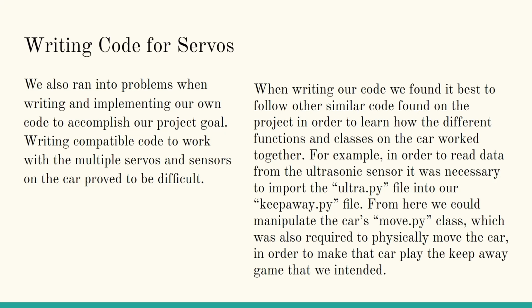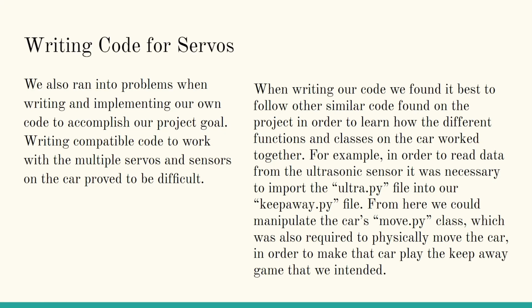Another problem that we ran into was writing the code to make the different servos or motors work. In order to troubleshoot that, we had to look for different files that came with the robot and see what those files required or what different imports they had.